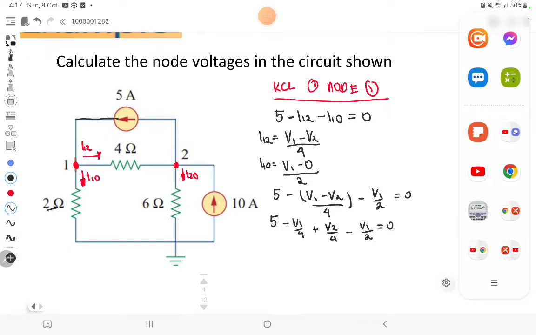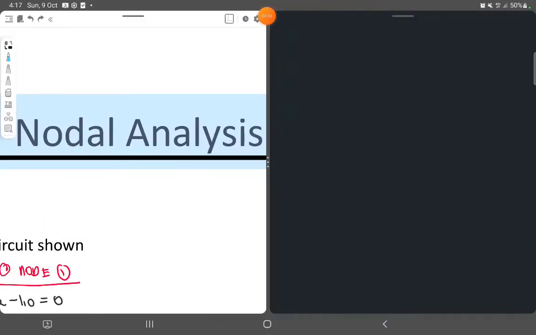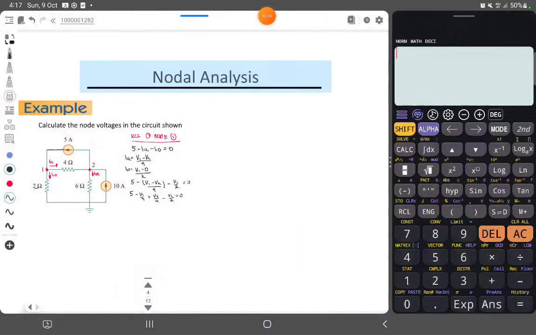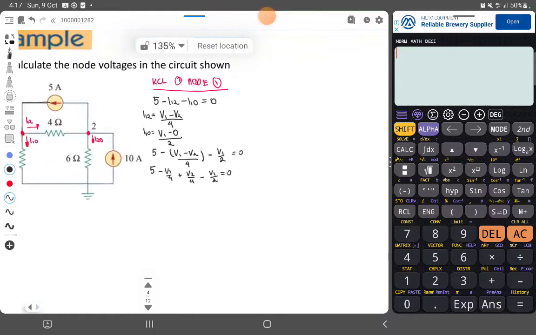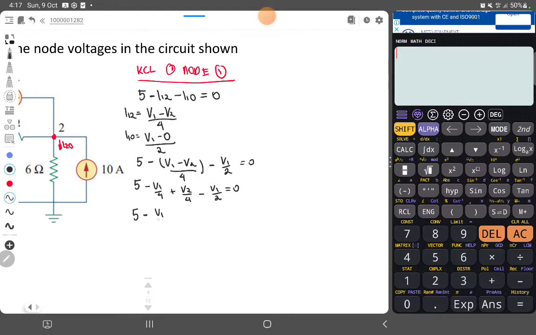By further simplification of the equation, let's add the like terms. So I have 5 minus V1 over 4 plus V1 over 2 plus V2 over 4 equals 0.